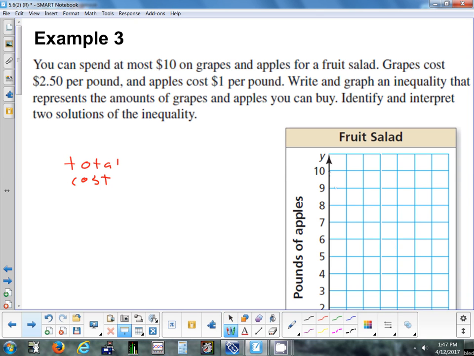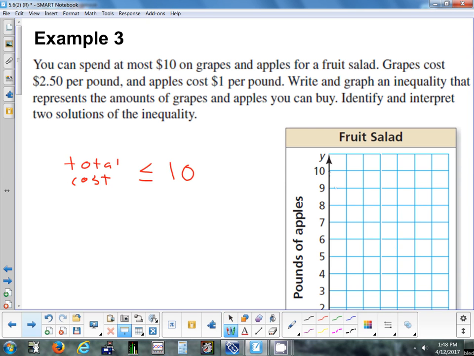The total amount of money we spend. How much can you spend? Less than or equal to 10. So whatever we spend, it's got to be less than or equal. The most we can spend is $10. If we spend 10, that's okay, but we can spend less, that's fine too.